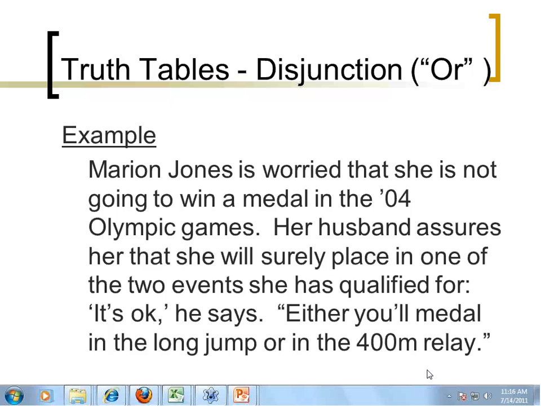Either you'll medal in the long jump or in the 400-meter relay, right? So it's either she's going to get one medal in the long jump or in the 400-meter relay, but she will end up with a medal at least. All right? That's clear now, Ruth?